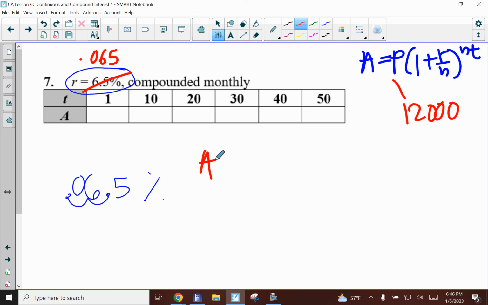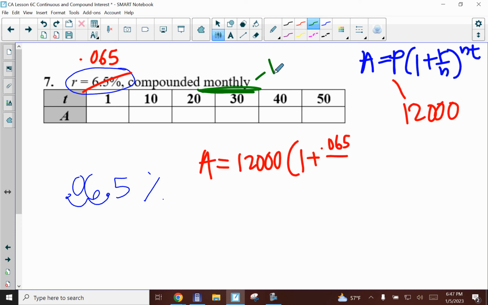It's going to say A equals $12,000, parentheses, 1 plus 0.065, and then at the bottom, here's the catch. This bottom uses one of those vocabulary words that I showed you, and it says monthly. That means in 1 year, they're going to recalculate how much you have in the account 12 times.